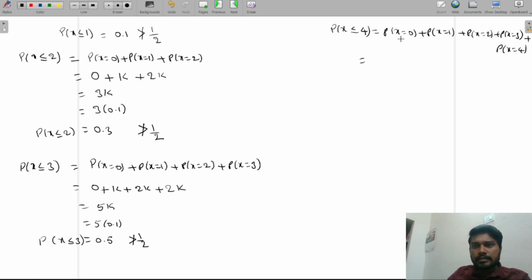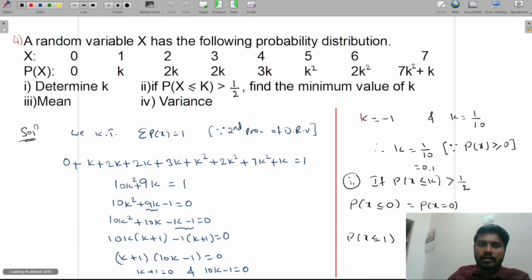So at x equal to 0, 0 is the probability. At 1, k. At 2, 2k. At 3, again 2k. At 4, what am I having? Tell me. 3k, right?